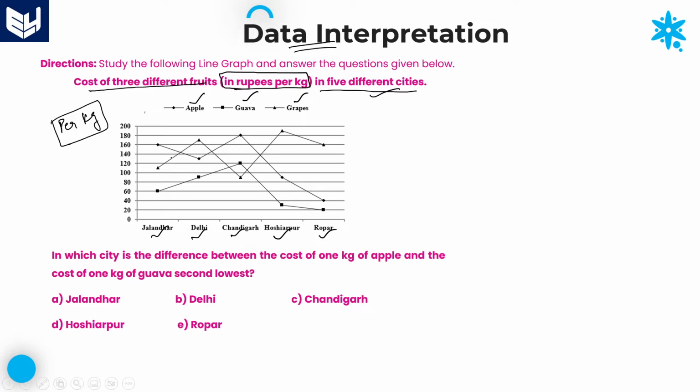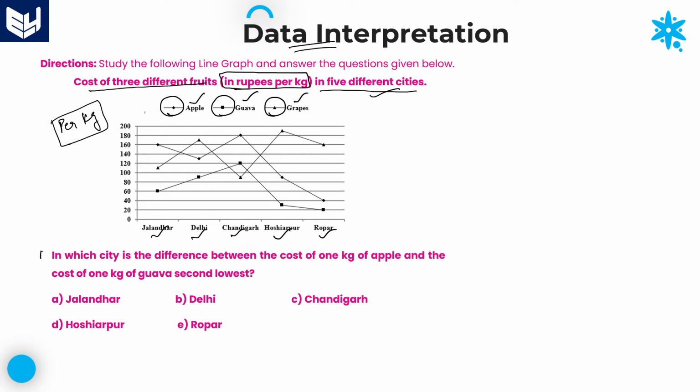Remember that point. Now, if you observe carefully, the rhombus shape is apple, the square shape is guava and the triangle shape is grapes. This is the given information. Based on this information, you need to solve the questions accordingly, right?